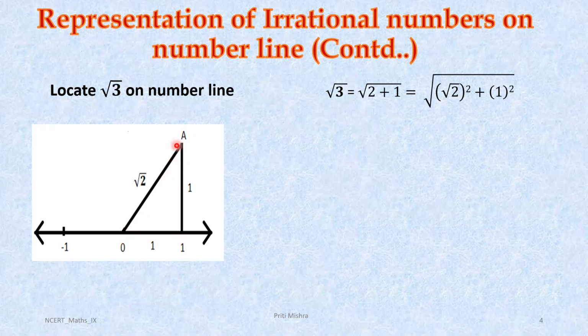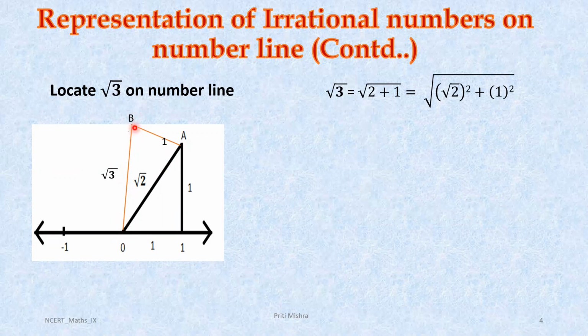Now we will take this root 2 length as the base and draw a perpendicular of 1 unit on it. Then after joining the points O to B, we have the length under root 3. This gives us the length under root 3 as the hypotenuse of the right angled triangle OAB.